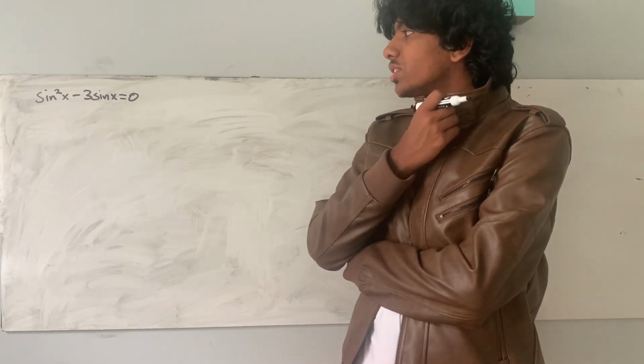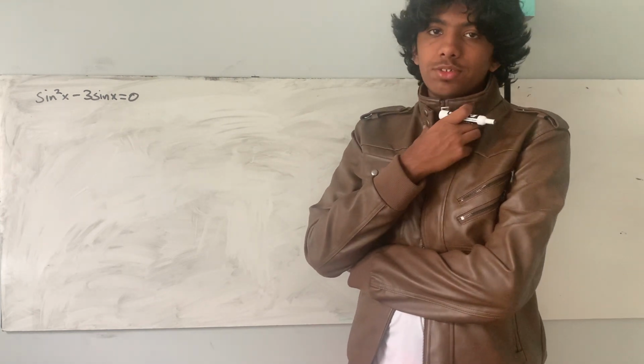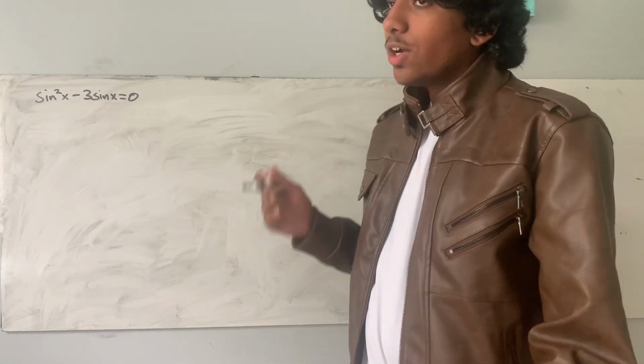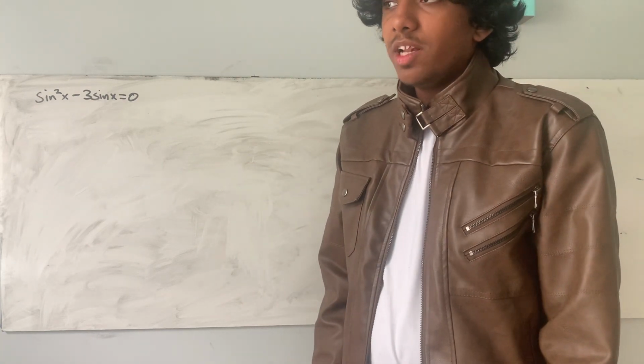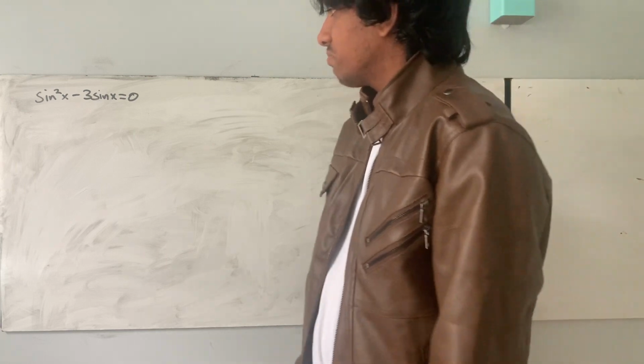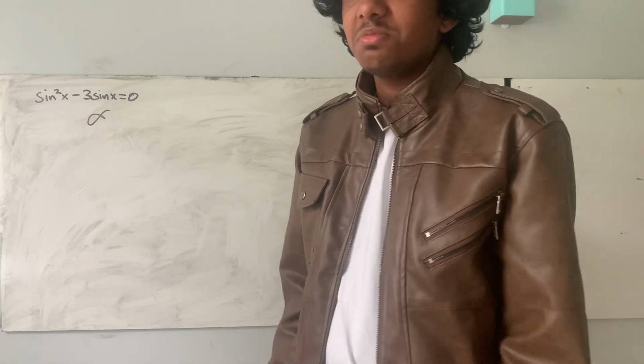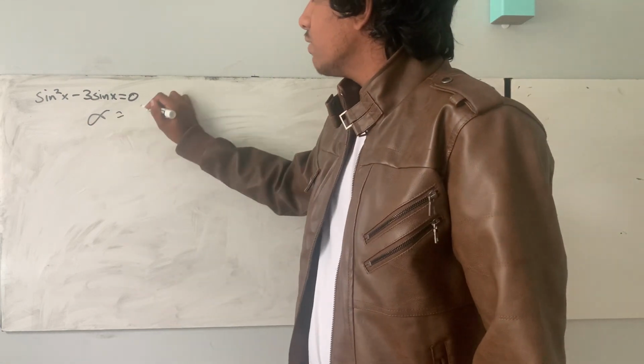Basically, if you use sine right now, it can get confusing. So what I recommend you do is you add a new variable. Let's use alpha. I don't know why. Alpha equals sine x.